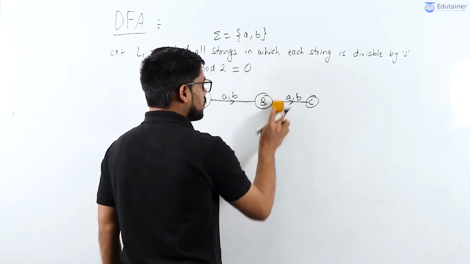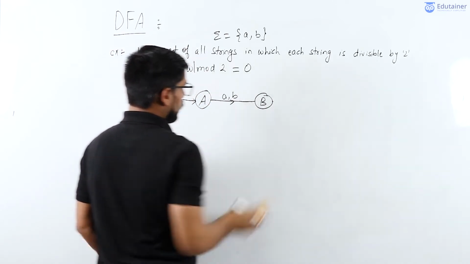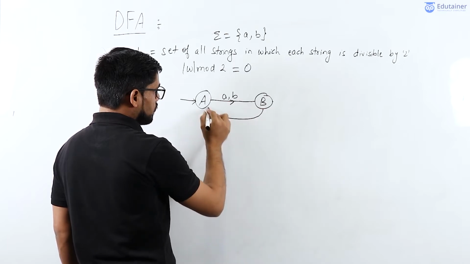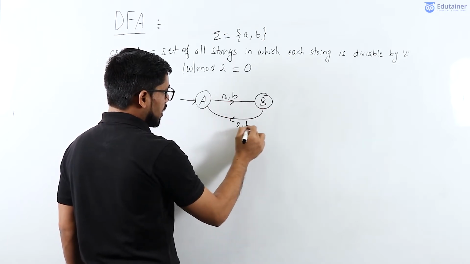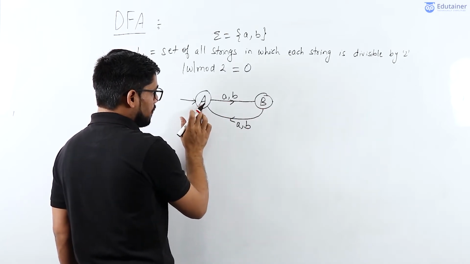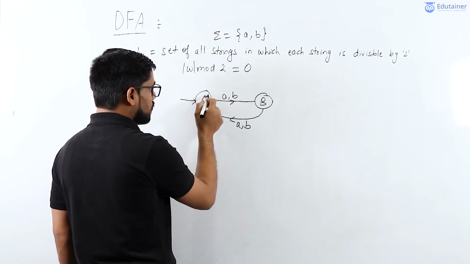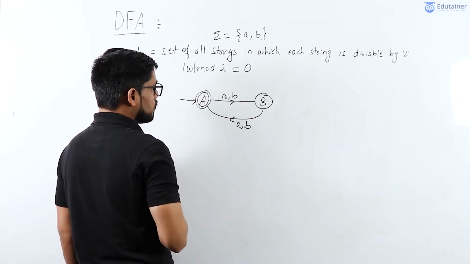So here you will simply take a loop on capital B. So if I see here small a or small b, then I will go to state capital A, and this is a 1-length string and this is a 2-length string. A 2-length string will be divisible by 2.